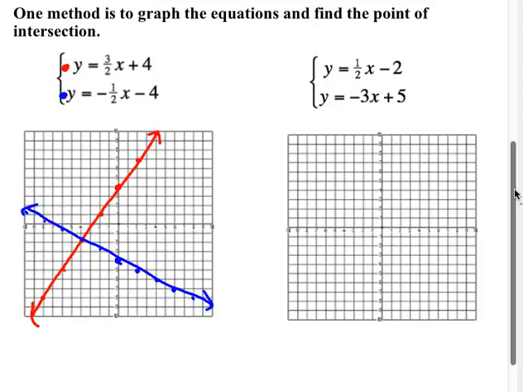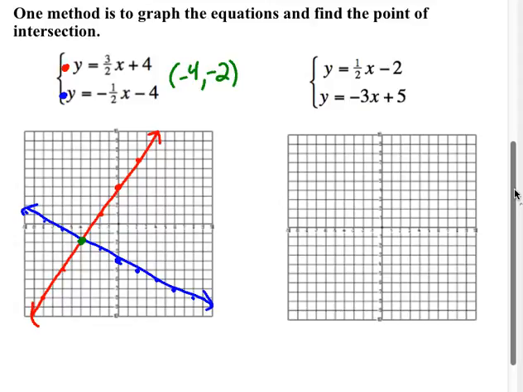What we're looking for is that intersection point right there. That is where both equations are true. So my solution is going to be written as a point. My point solution is -4, -2.